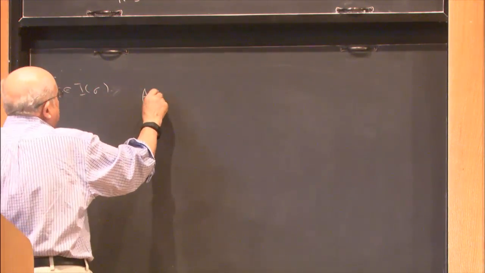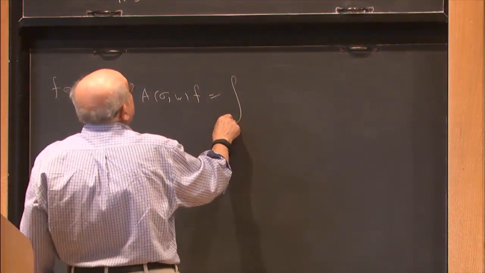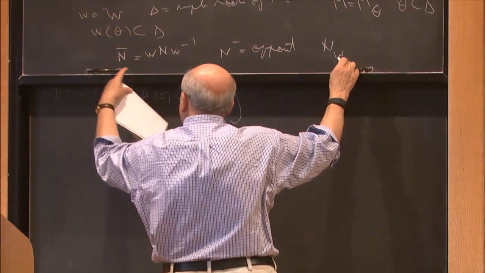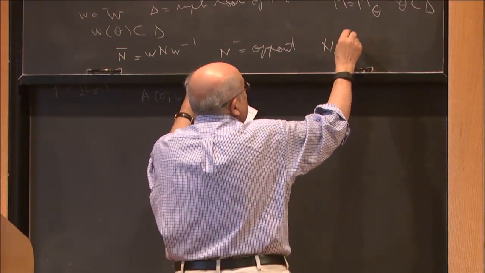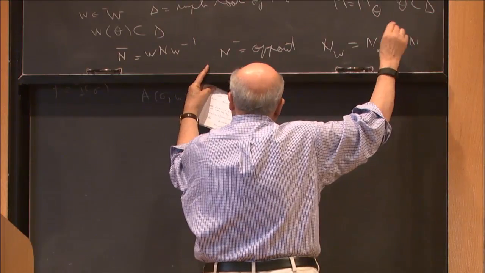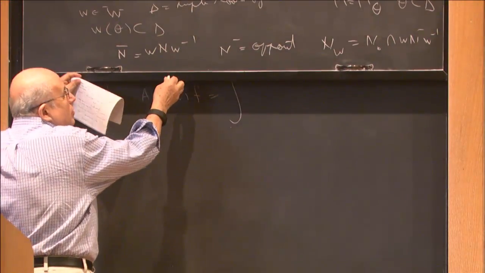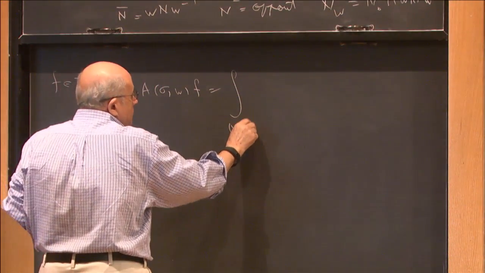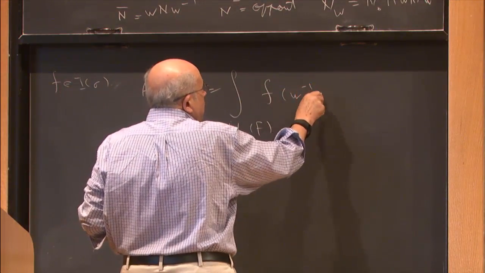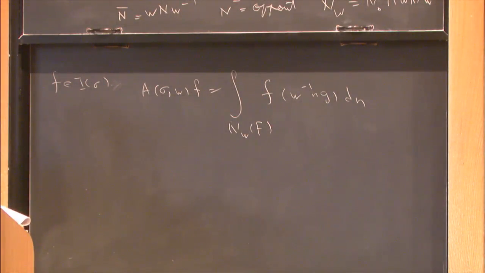I have to give you N_w. N_w is, as usual, always N naught intersected with w N minus w inverse. And then I integrate over N_w the function f of w inverse n g dn. So this will give you the intertwining operator.